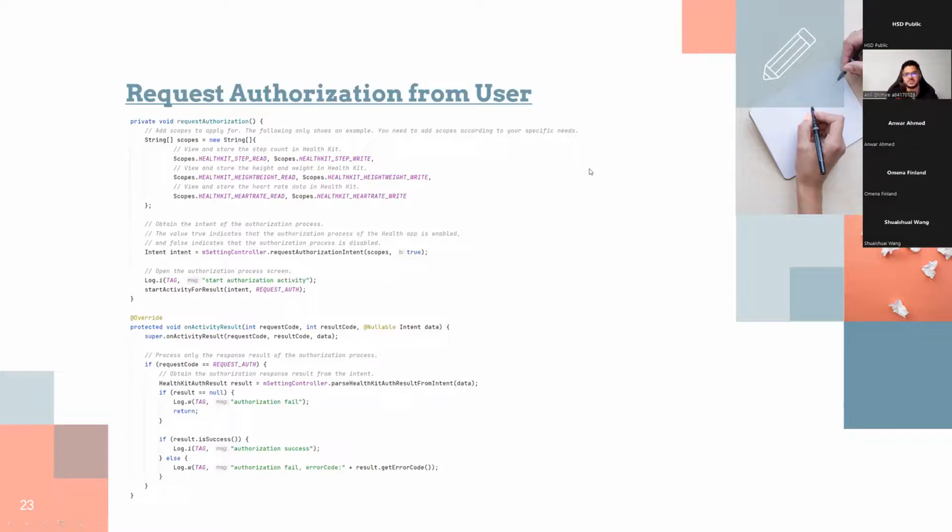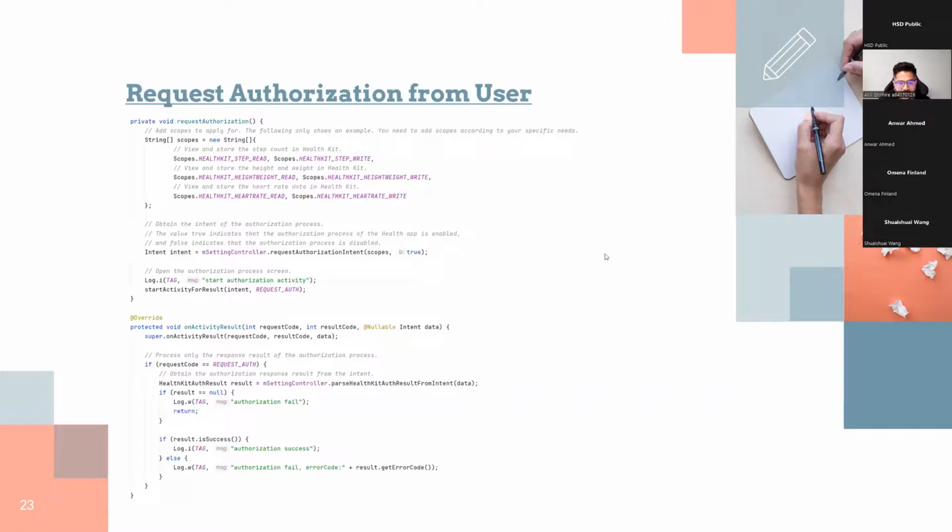For requesting the authorization, you define the scopes in the beginning, what kind of data types you would like to request from the user, and with the help of the setting controller, you request the authorization. The user will be presented with a screen to accept what kind of data they want to share, so they get options to select.